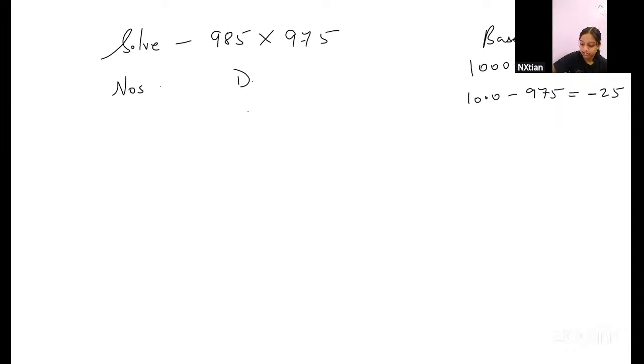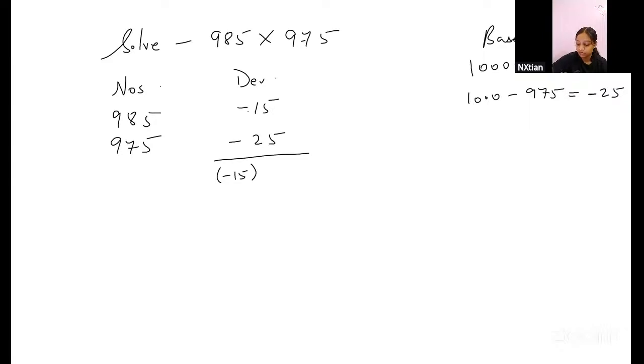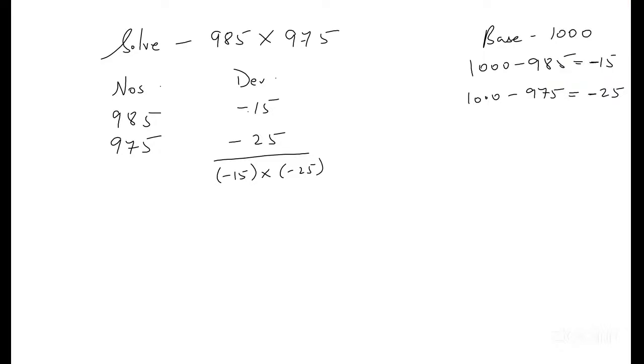Numbers and deviations. 985 deviation is minus 15 and 975 deviation is minus 25. Okay, multiply the deviations. Minus 15 multiplied by minus 25. What are we getting? 375.